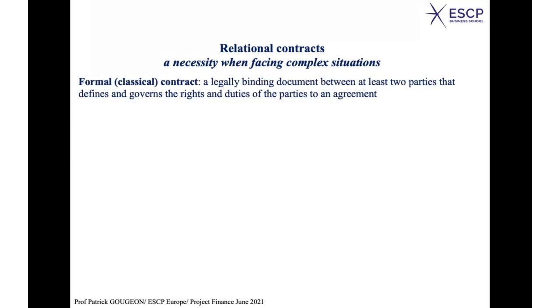It is not a substitute for traditional contracts, but a complement. So a formal classical contract is a legally binding document between at least two parties that defines and governs the rights and duties of the parties to an agreement. Okay? This is how we have defined a formal contract. A legally binding document.